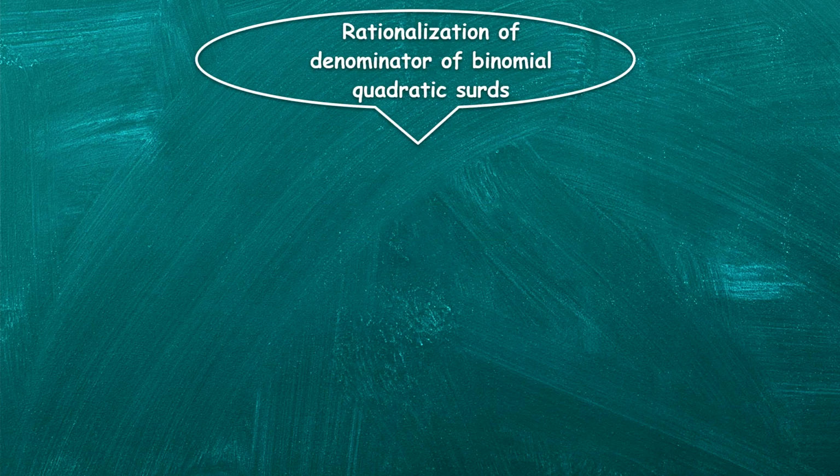Now what is rationalization of the denominator of binomial quadratic surds? We have seen above that the product of conjugate binomials is always a rational number. Therefore, we use this fact for rationalization of the denominator. Let's understand it with the help of an example. 1 upon root 6 minus root 2.